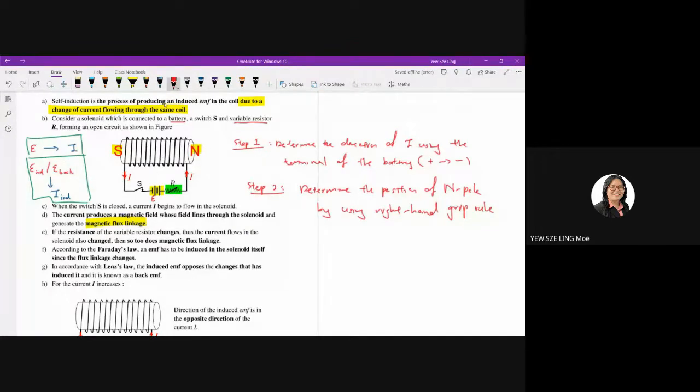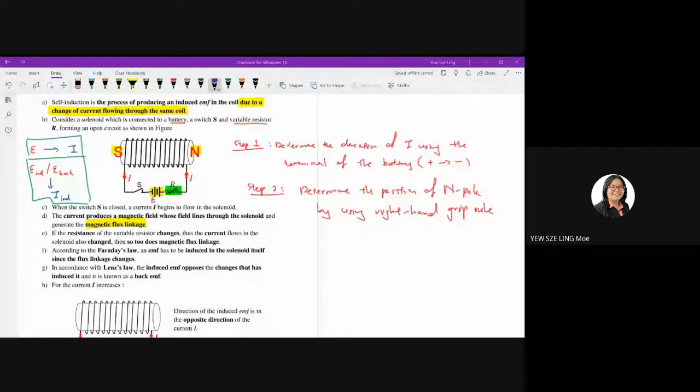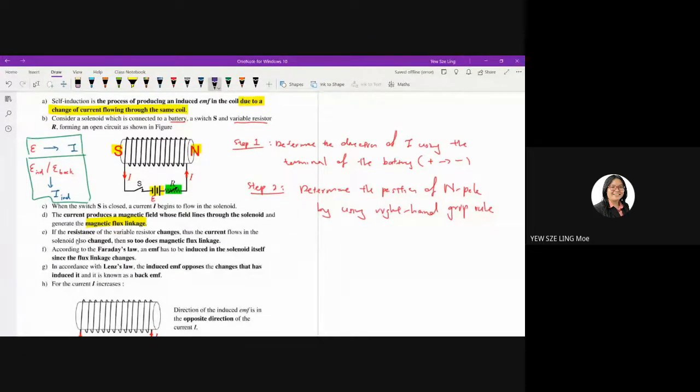So point number E. After you switch on the power supply, magnetic flux is being generated. Now you have north pole on the right-hand side and south pole on the left-hand side. And if the resistance of the variable resistor changes, that's why you need a variable resistor right here, because you want to change the value of resistance. So you change the value of resistance, and what is going to happen?